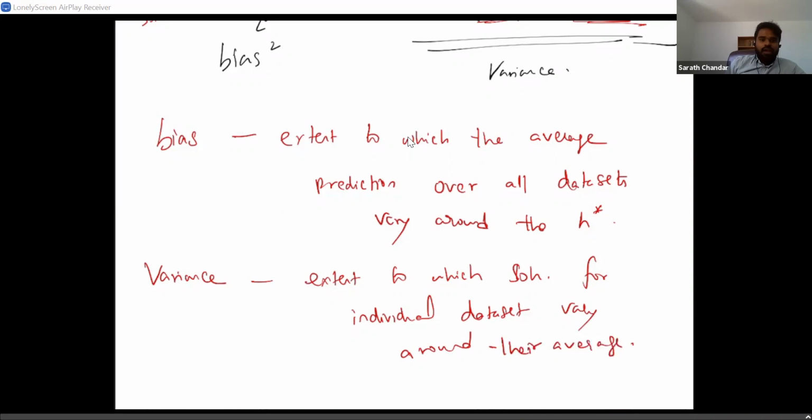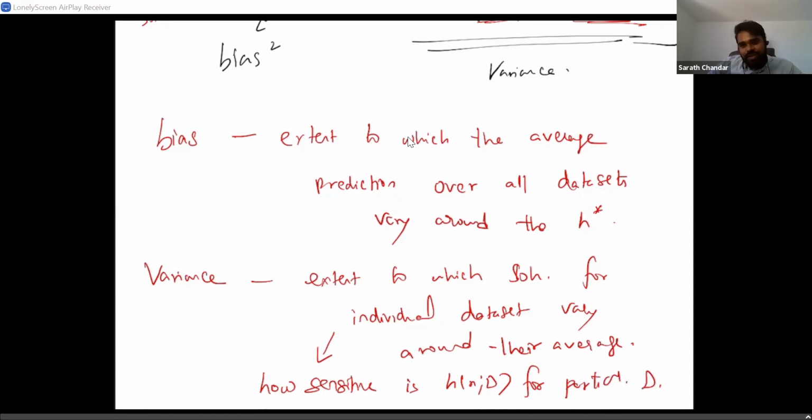In other words, variance tells us how sensitive h of x comma D is to a particular data set D. If the model is very sensitive to the data set, then the variance of the model is high. If the model is less sensitive to the data set, then the variance is low.